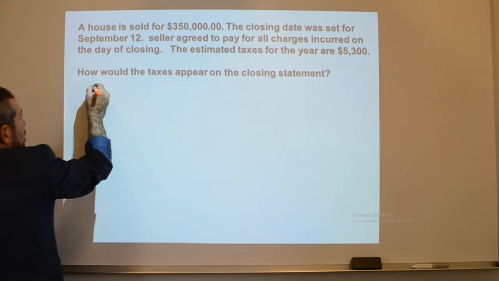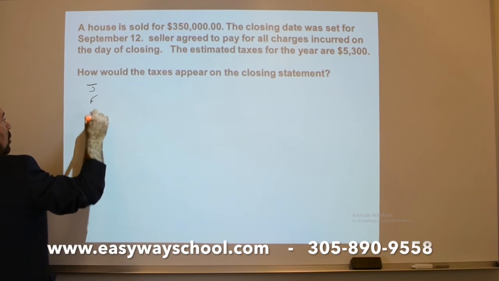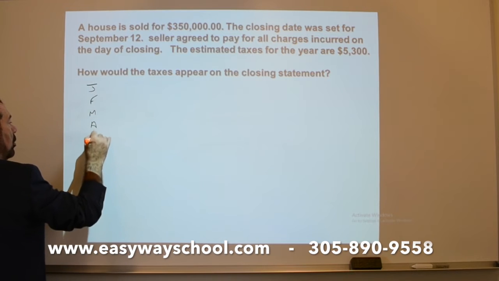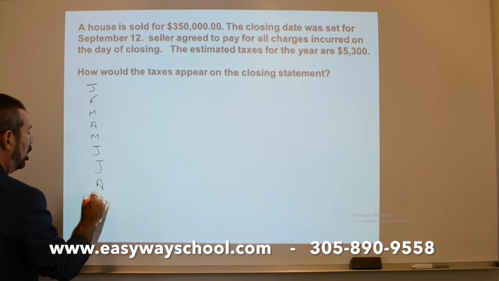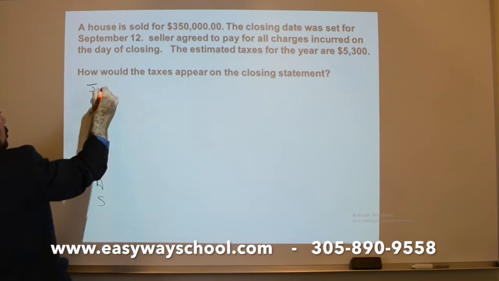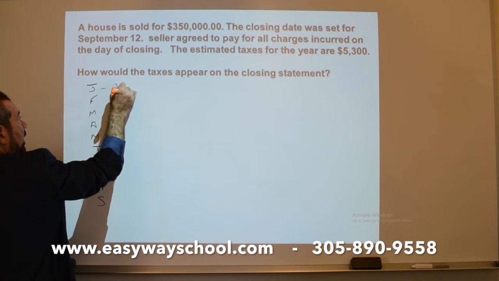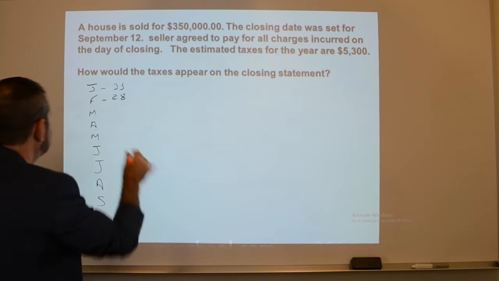So we go for January, February, March, April, May, June, July, August, and September. Now, January is 31 days. February, 28. Remember, always 28.